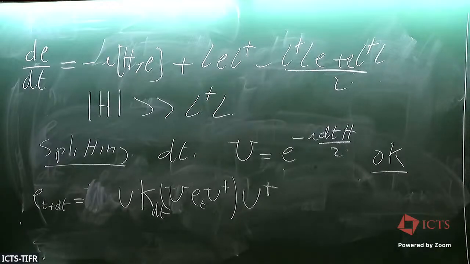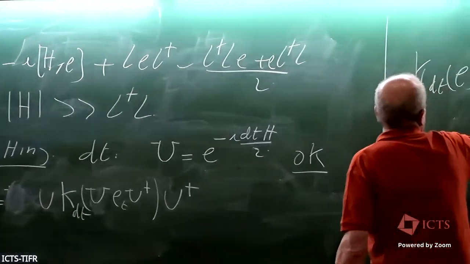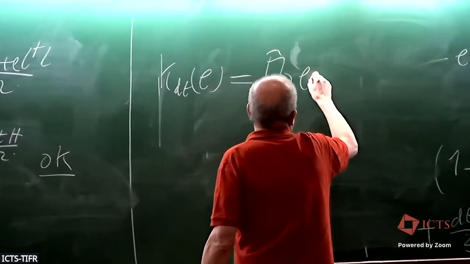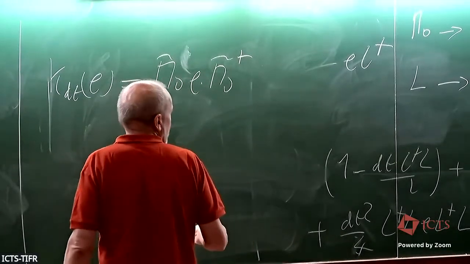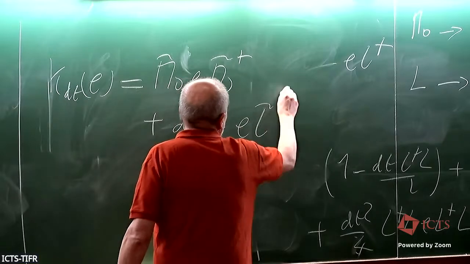It is this: M0 tilde rho M0 tilde dag plus dt L tilde rho L tilde dag.